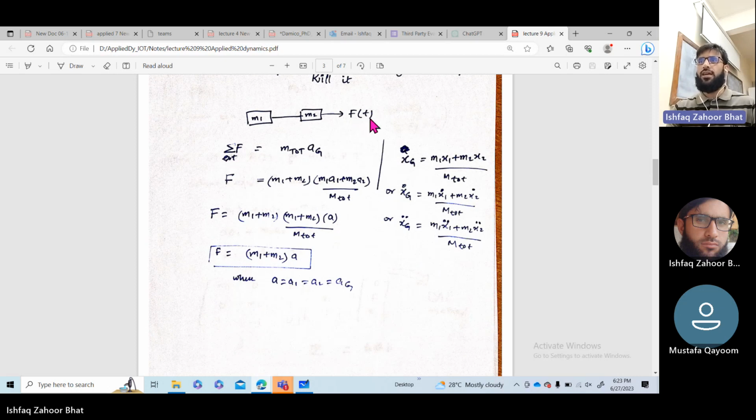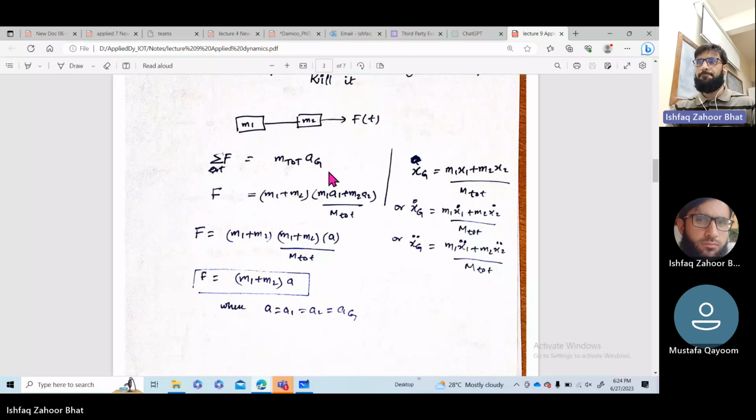There is only one external force, which is F of t, and I am writing it as just F. So we have F equal to M total, which is M1 plus M2, since there are only two masses in this system, times the acceleration of the center of mass.